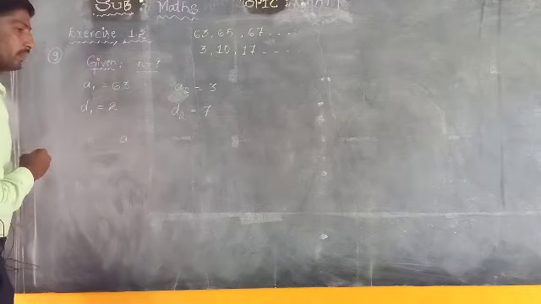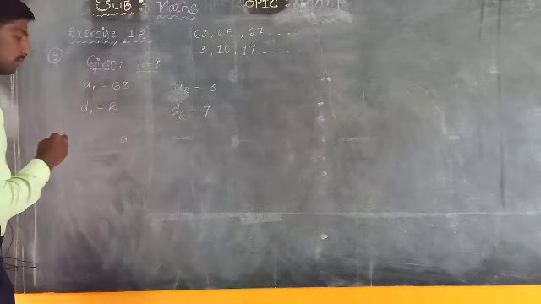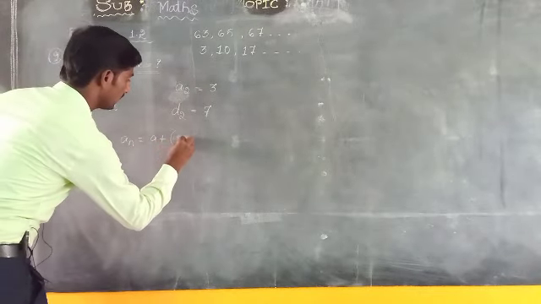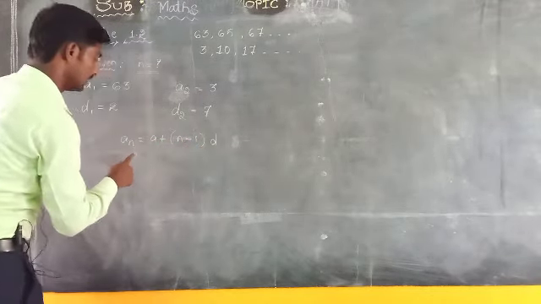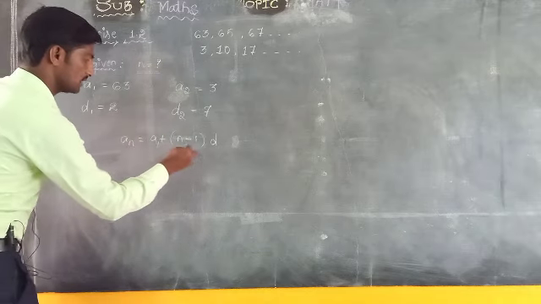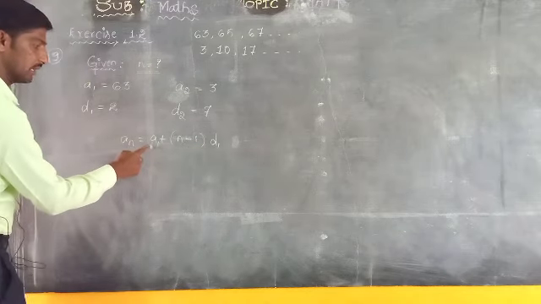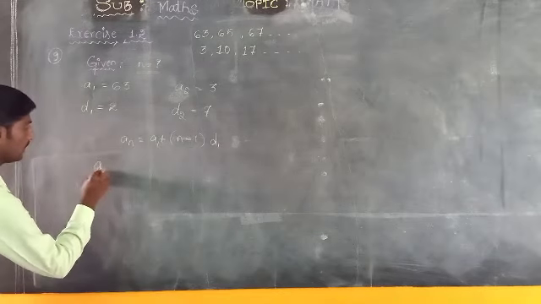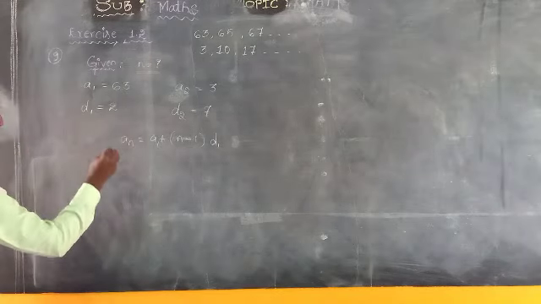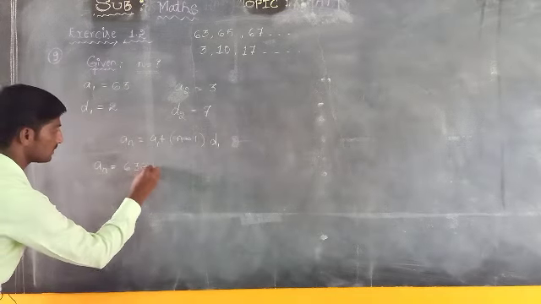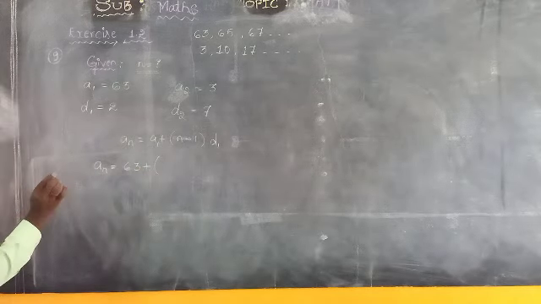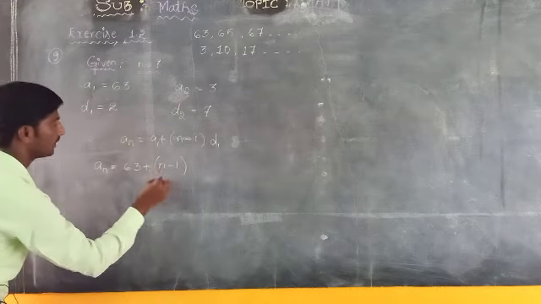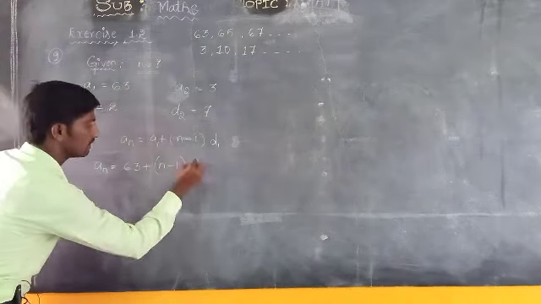Now according to the nth term of AP formula, an equals a plus n minus 1 of d. This one belongs to the first sequence, so an equals A1, which is 63, plus n minus 1 of D1, which is 2.